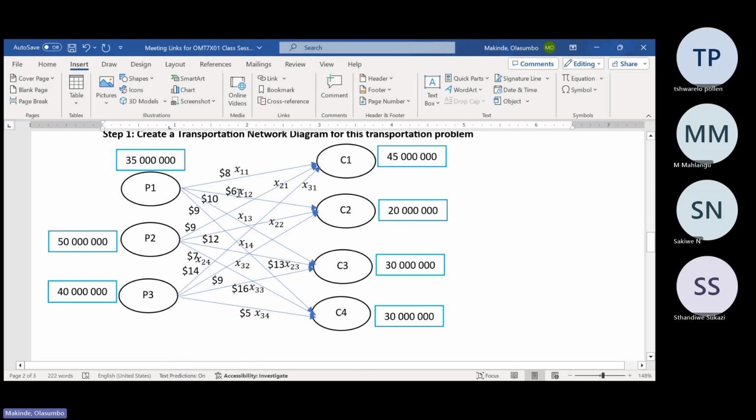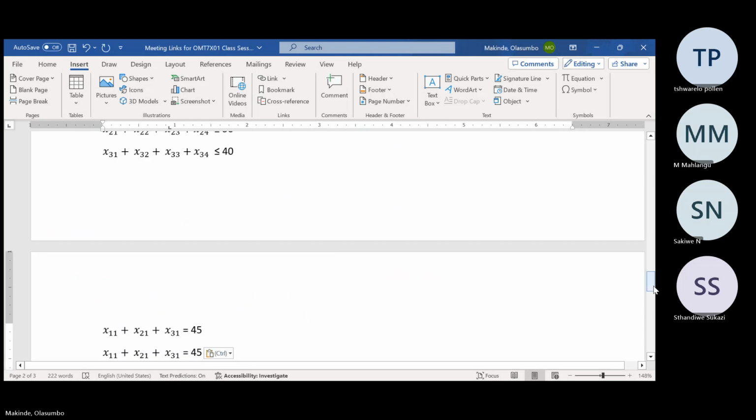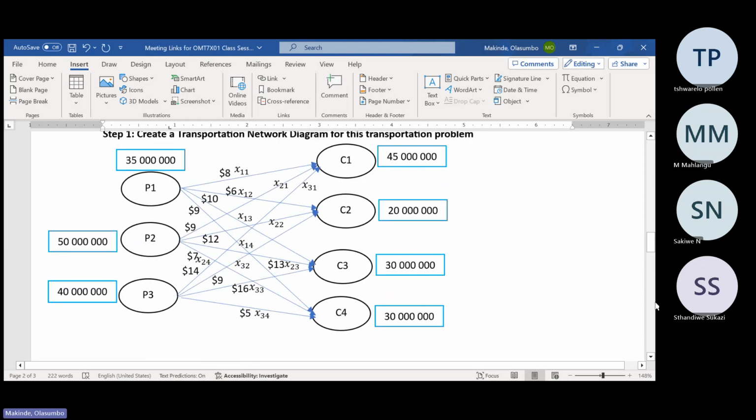And that will give us X12 plus X22 plus X32. If you look at the network, X12 is from P1 to C2, plus X22, which is P2 to C2, plus X32, which is P3 to C2. Should be exactly equal to what? 20 million.